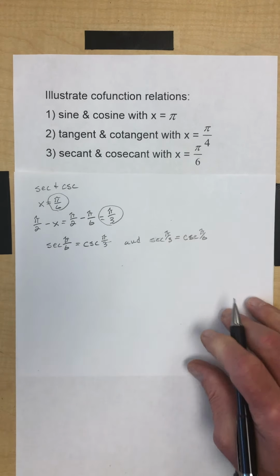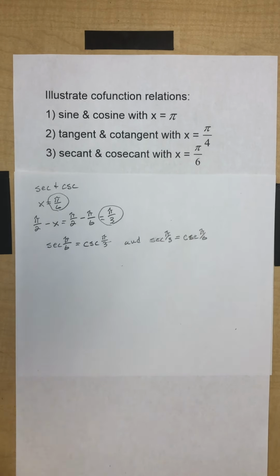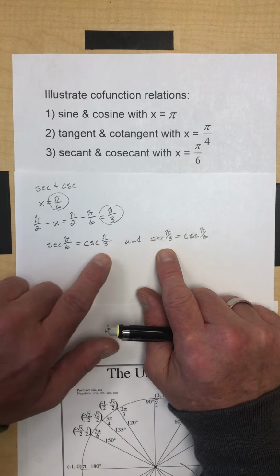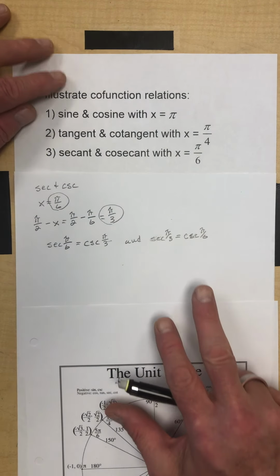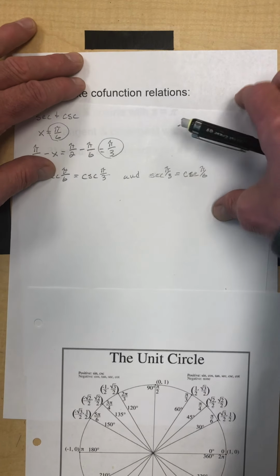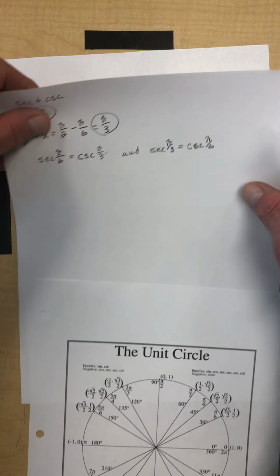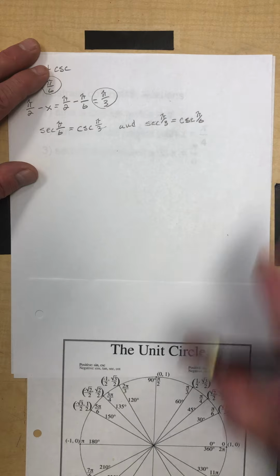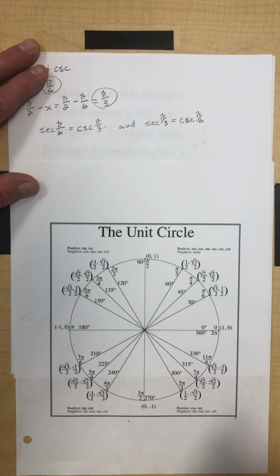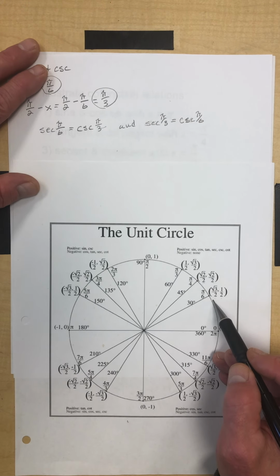Again, we go to our unit circle. Let's make sure I got that right: secant of pi over 6, secant of pi over 3, cosecant of pi over 3. Yeah, we're good. So we say the secant of pi over 6. We're right here.